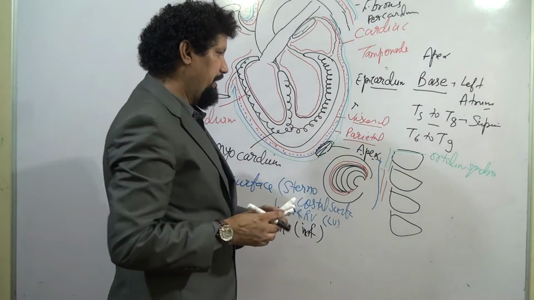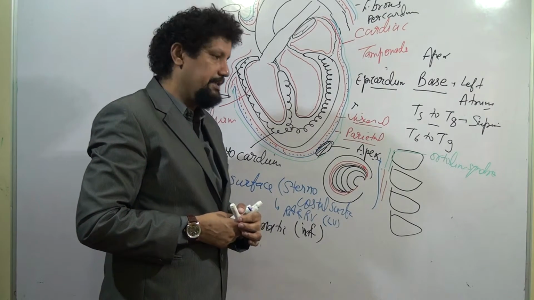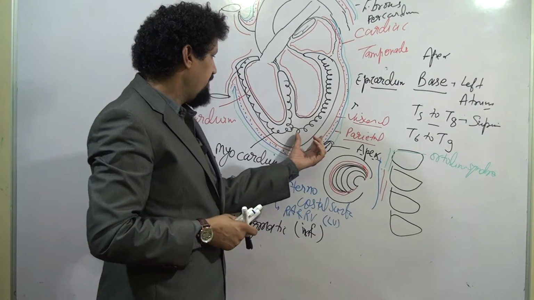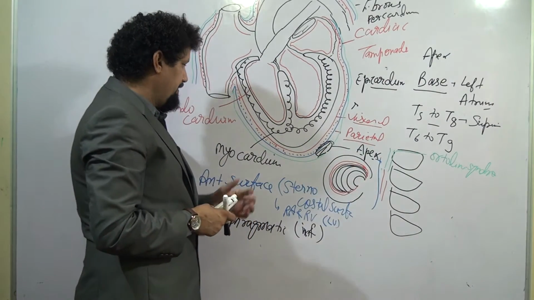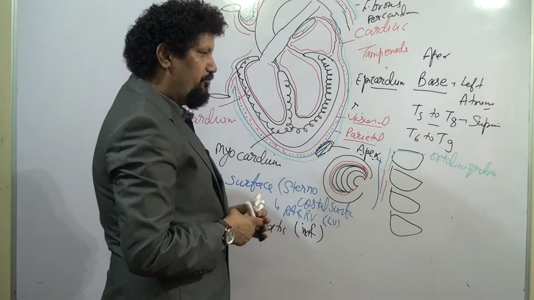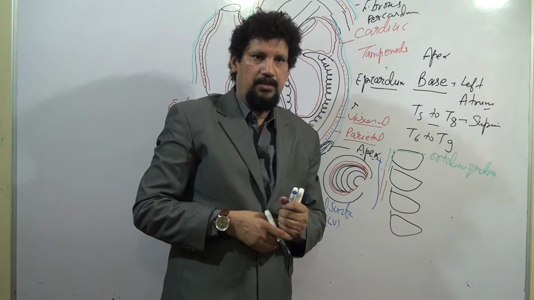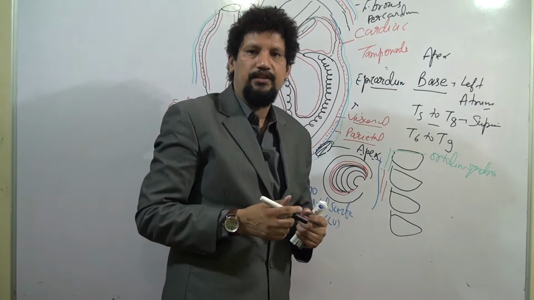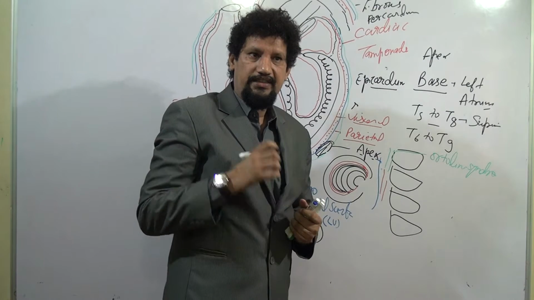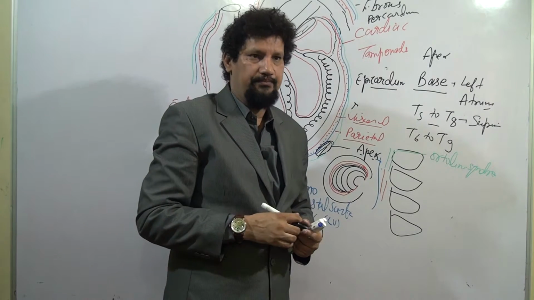This inferior or diaphragmatic surface is formed mainly by the left ventricle, and it has the posterior interventricular sulcus, or the posterior interventricular groove, which indicates the interventricular septum.